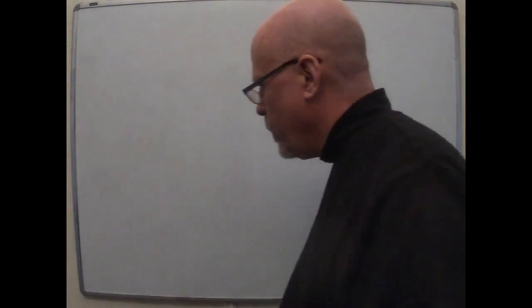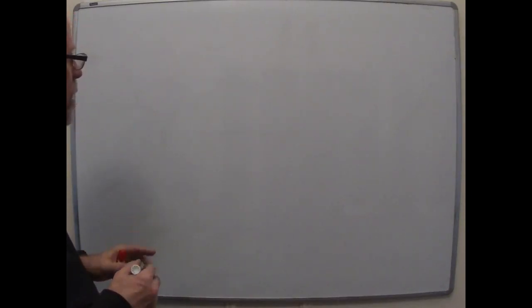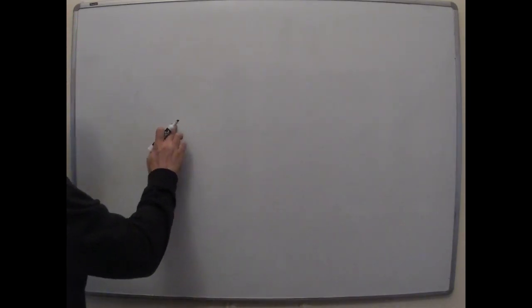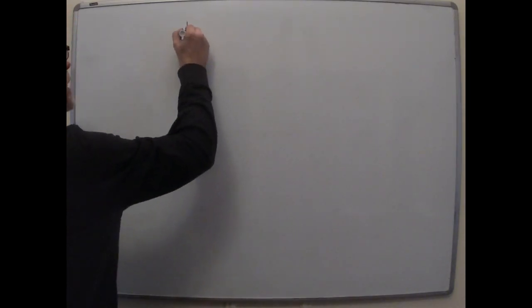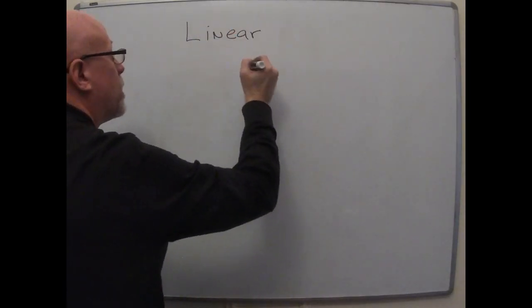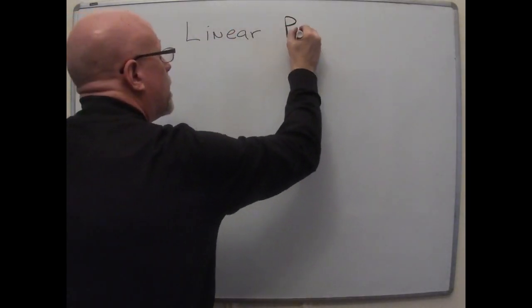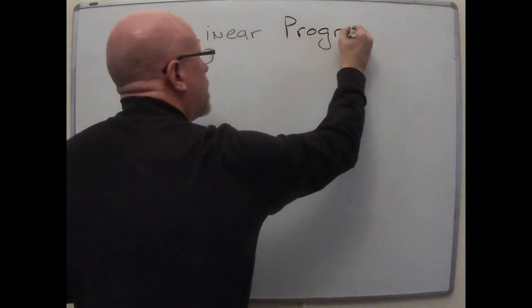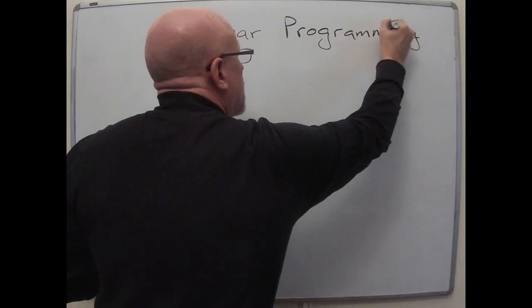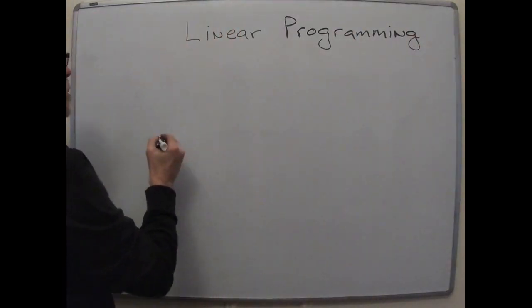All right, last thing I want to do, mention something that's sort of outside of the course. But if anybody's got an interest in the business world, this is an idea or a method that people talk about all the time in business. It's called linear programming. It's actually closely related to Lagrange multipliers, because it's an optimization problem.